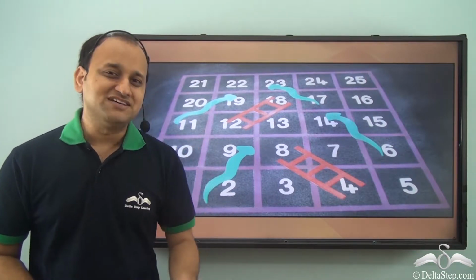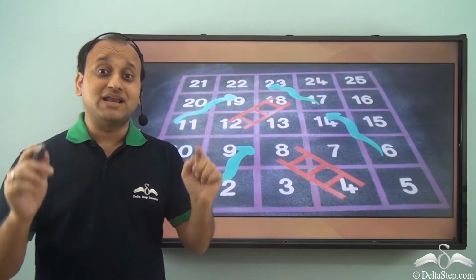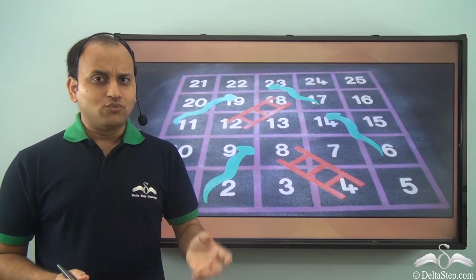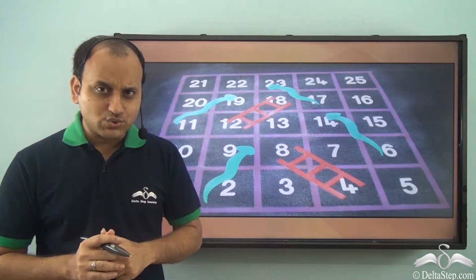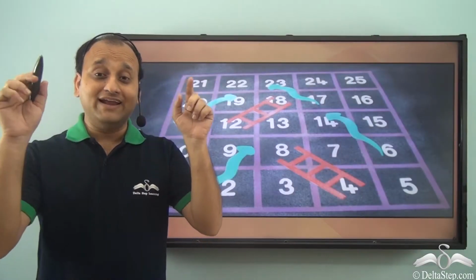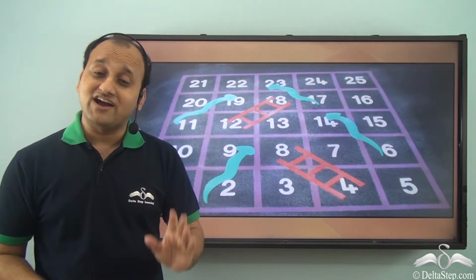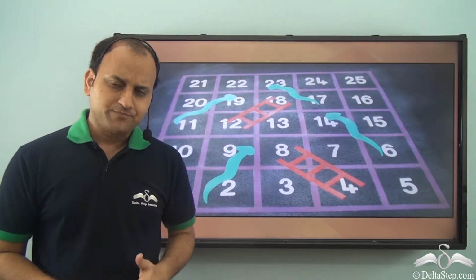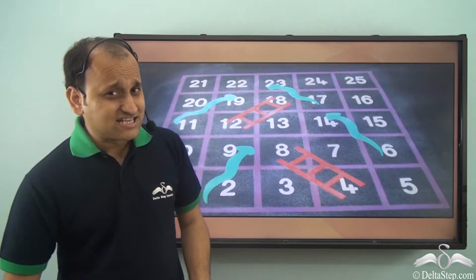Well, his mother said that it's very simple. So he needs to calculate the perimeter of the square. So once he calculates perimeter of one square, then he will be able to find the amount of ribbon required for one particular square. But what exactly is perimeter?